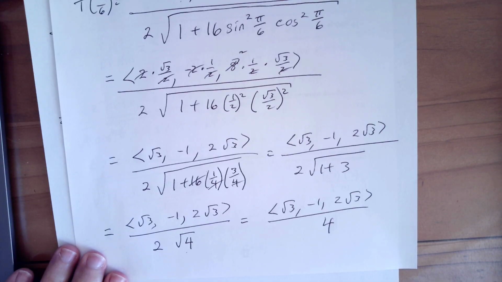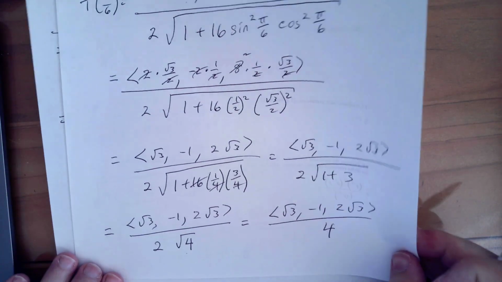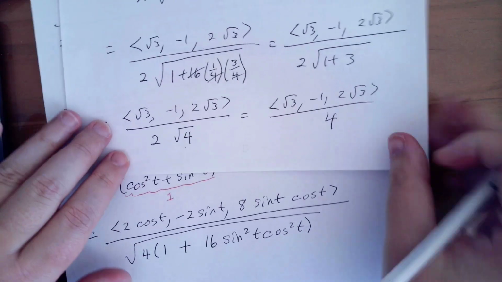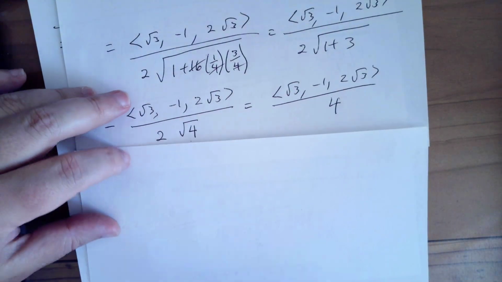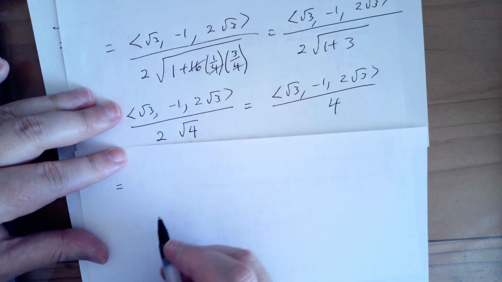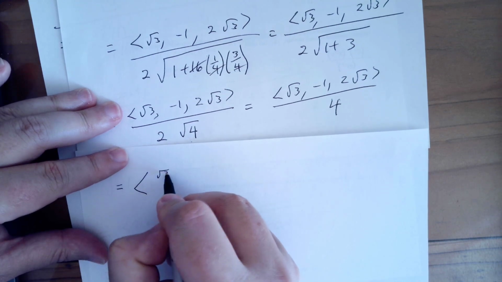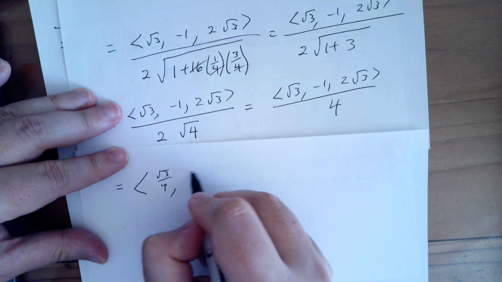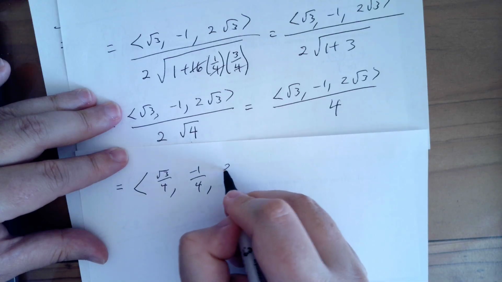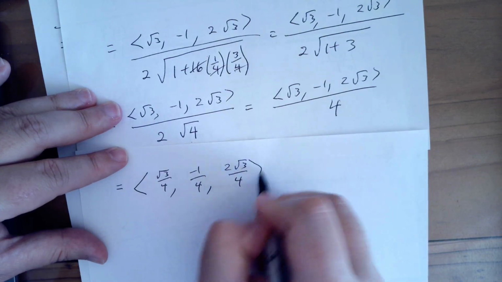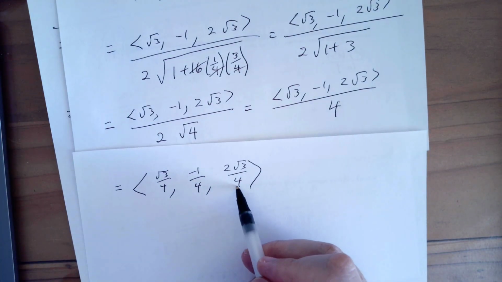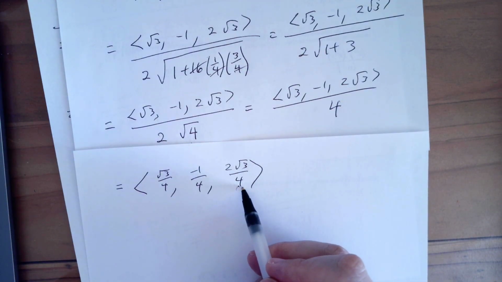And if you want to rewrite this, you can, of course, do a scalar multiple. So you could say it's square root of 3 over 4, comma, negative 1 over 4, comma, 2 square root of 3 over 4. And then, of course, this can be simplified to be square root of 3 over 2.